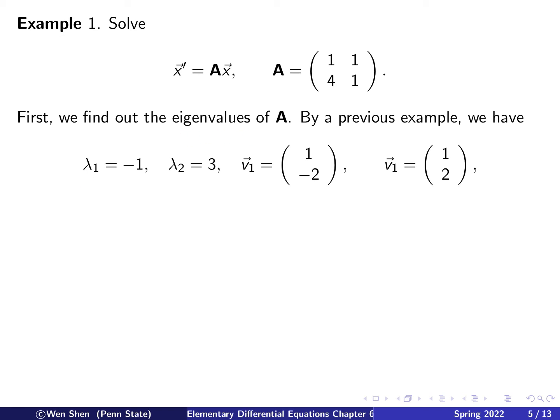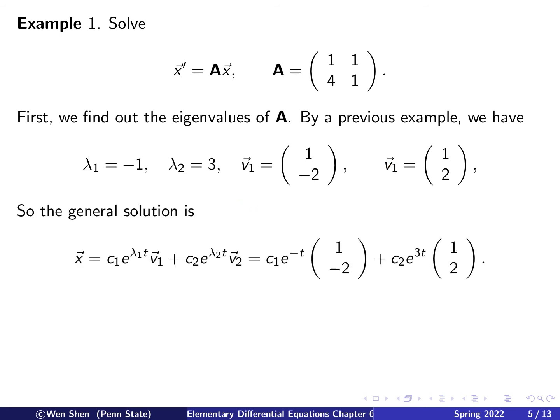So lambda 1 we know is -1, lambda 2 is 3, and v1 is (1, -2), and v2 is (1, 2). This is done already in the previous example, so we just borrow it.